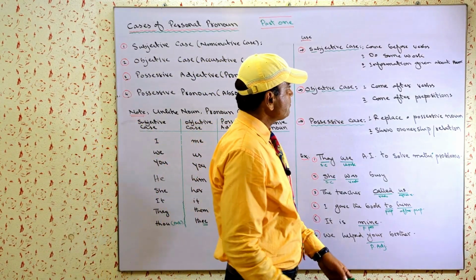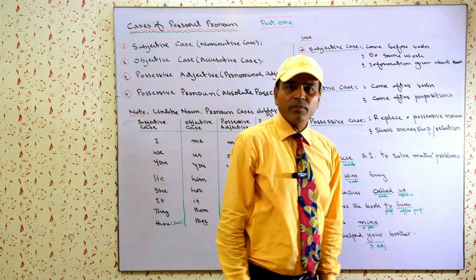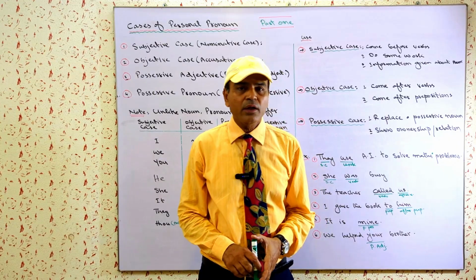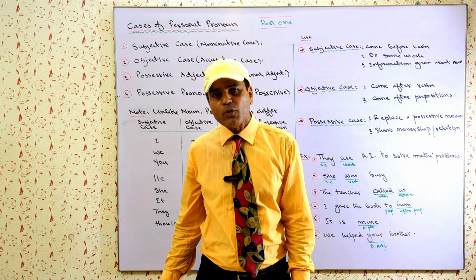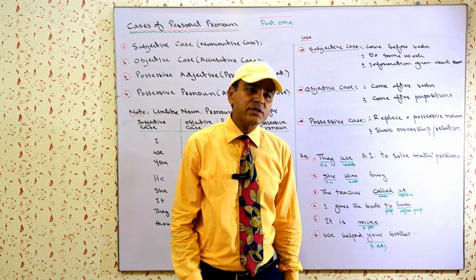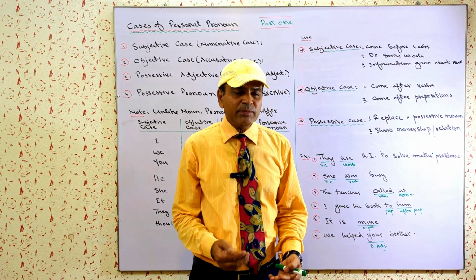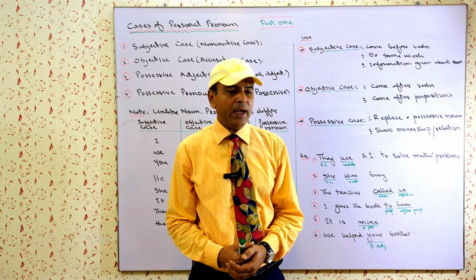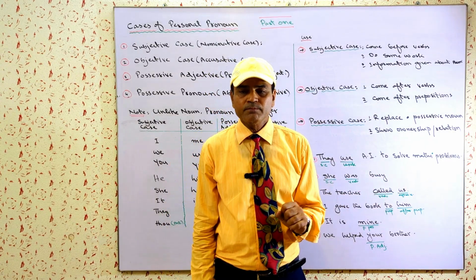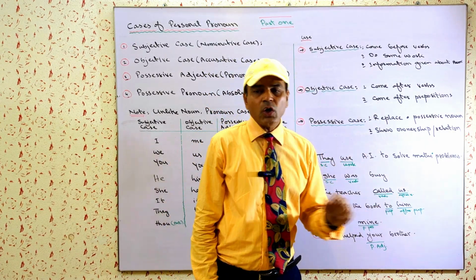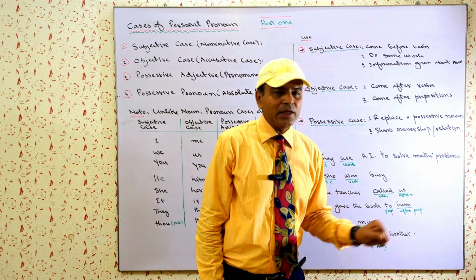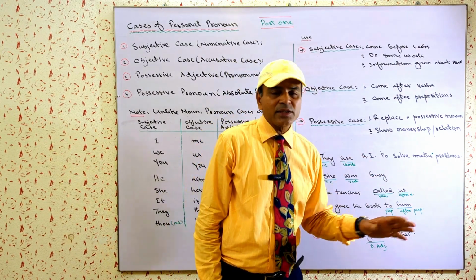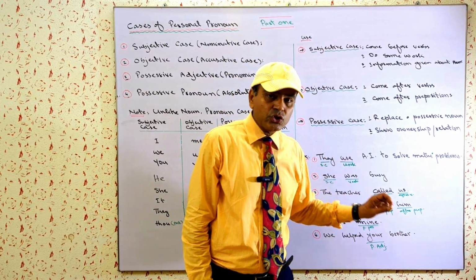Number two, information is given. It is not necessary that you use the subjective case of pronoun only when the pronoun is doing a work. Sometimes only information is given about a pronoun. I say he is busy, or he is tall, or he is intelligent, or she is lazy, or she is very sharp.